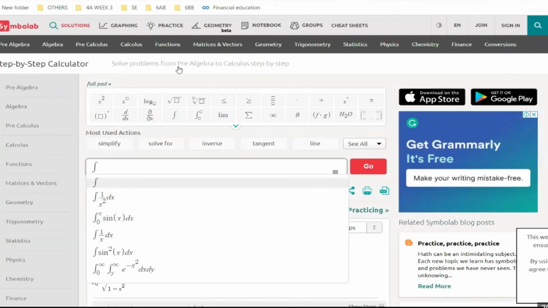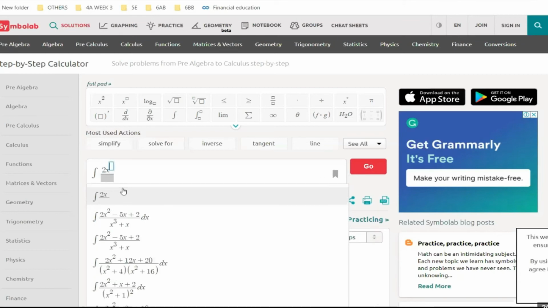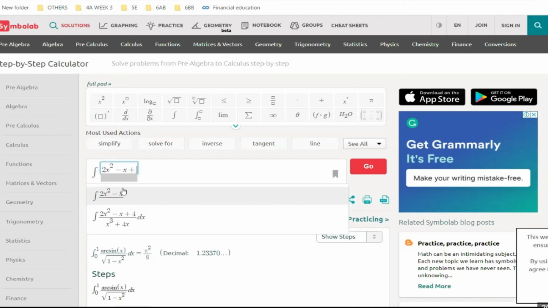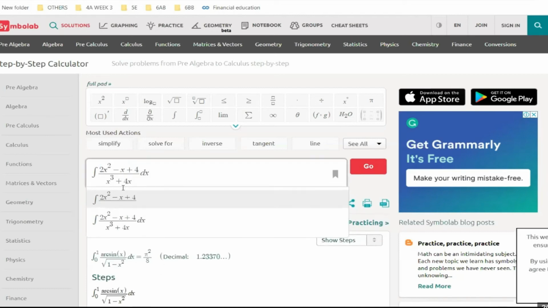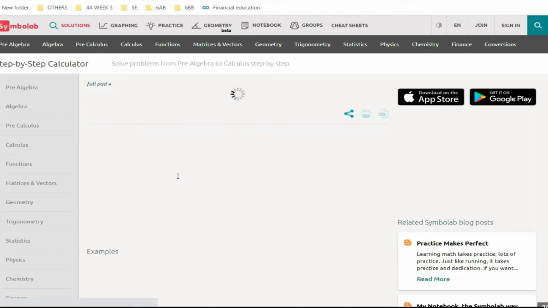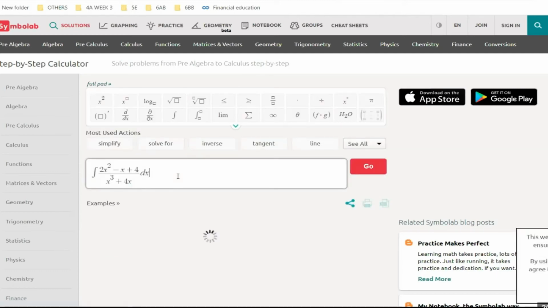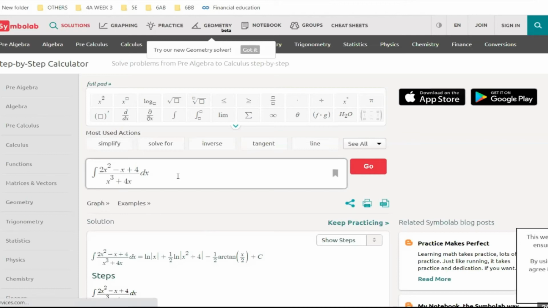The integral of, I believe it was, 2x squared minus x plus 4, divided by that. Just to verify it. Oh, yes, it does work out. So here it is.